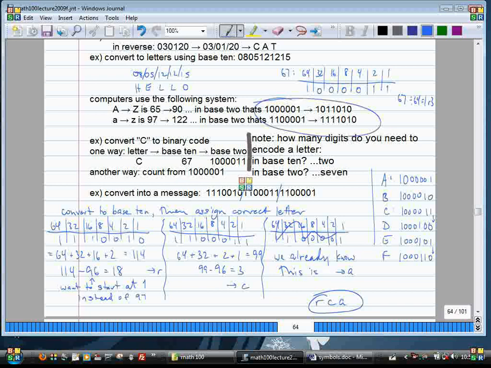As opposed to base 10. In base 10, how many digits do we need? We need 2 digits, 1 through 26. In this system, how many digits do we need? We need 7. So you know that you have to look at the first 7 digits, and then that's going to convert to a letter, etc., etc.